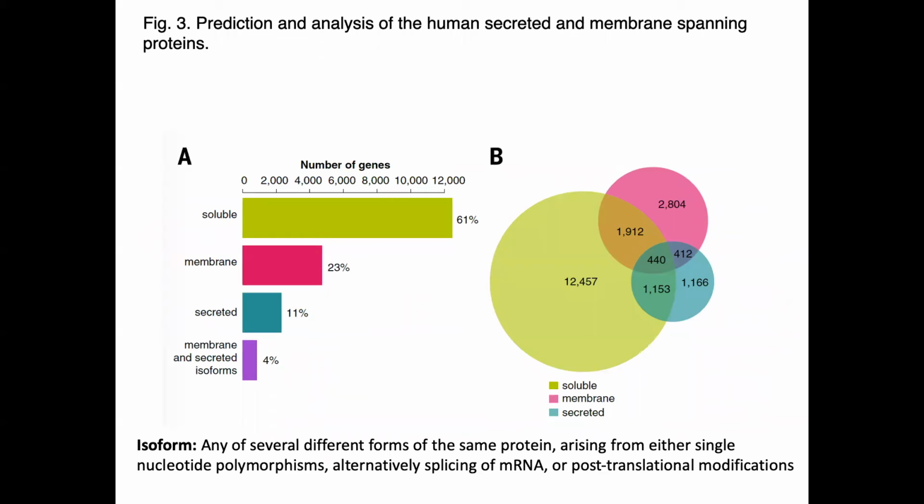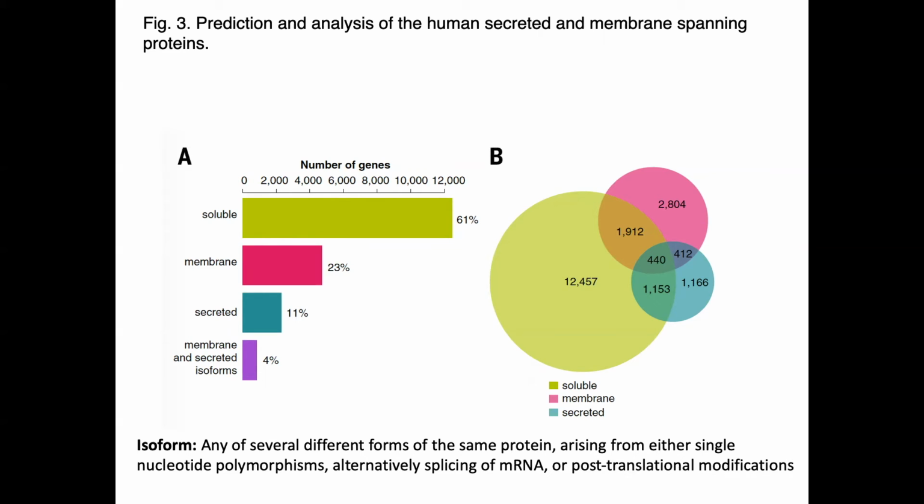Shown here in figure 3A, all these genes, the N number is more than 20,000, are classified into the categories of soluble, membrane spanning, and secreted, as well as genes with isoforms belonging to 2 or all 3 categories. How did they define where the gene's product is located? You may want to find this information in the paper, okay?